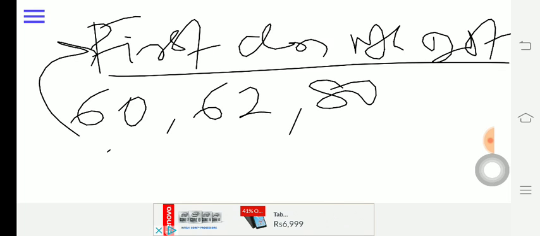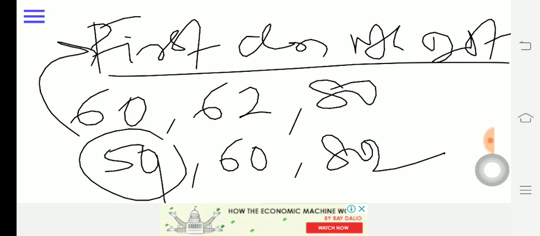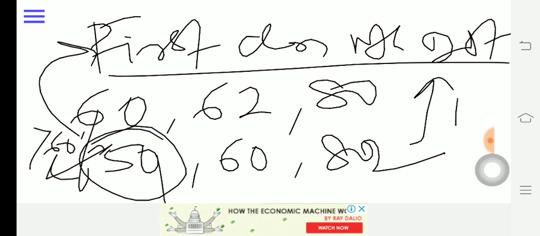Then again suppose you got 59, 60 and 80. Again the aggregate is greater than 70%, but you see in this case 59 is not greater than 60%. So this criteria fails. So this will come under what? First class only.